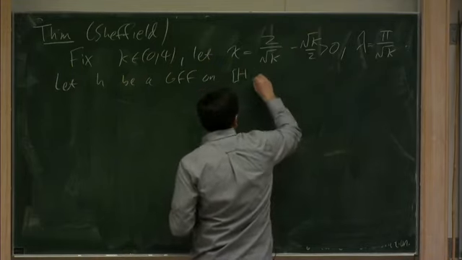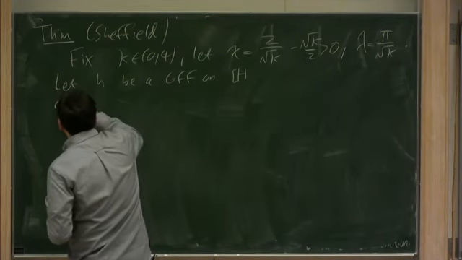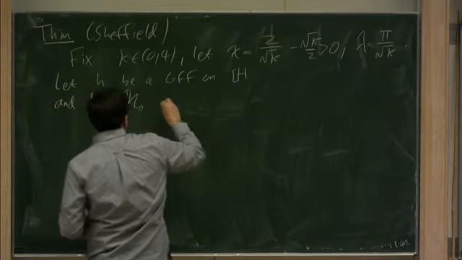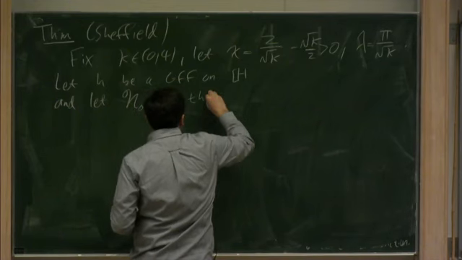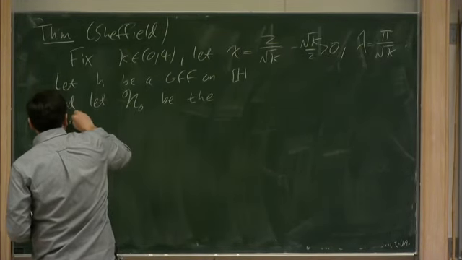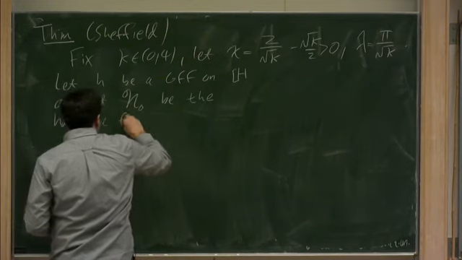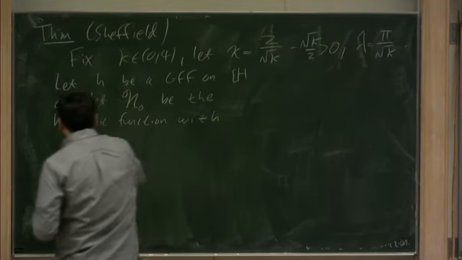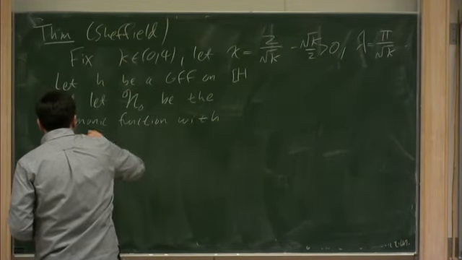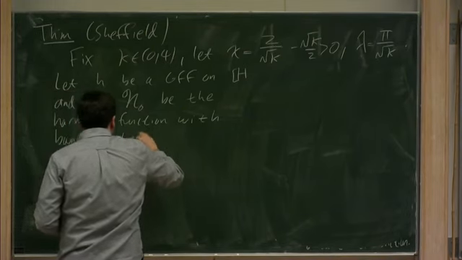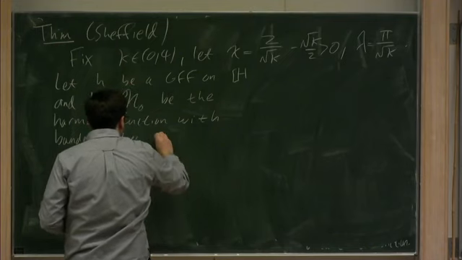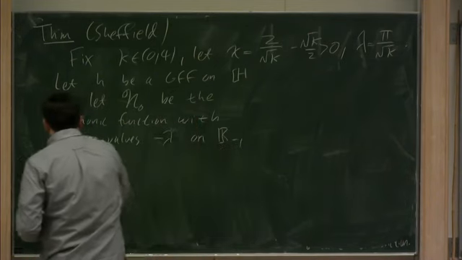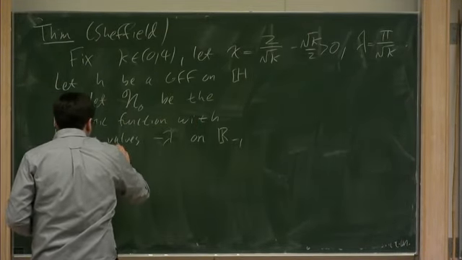And I'm going to let calligraphic h sub 0 be the harmonic function on the upper half plane with boundary values minus lambda on R minus, the negative reals, and lambda on the positive reals.